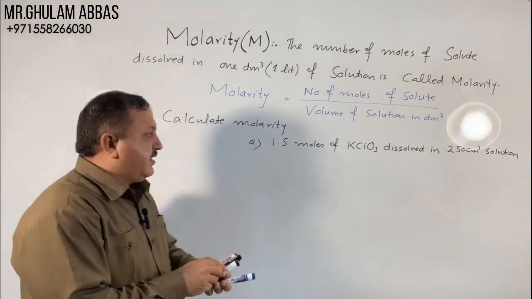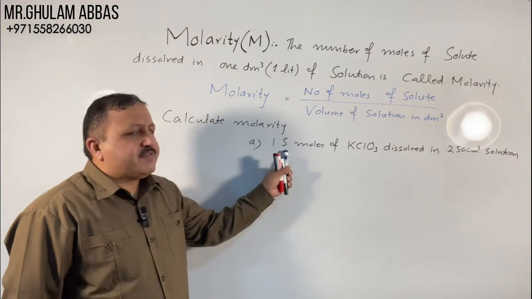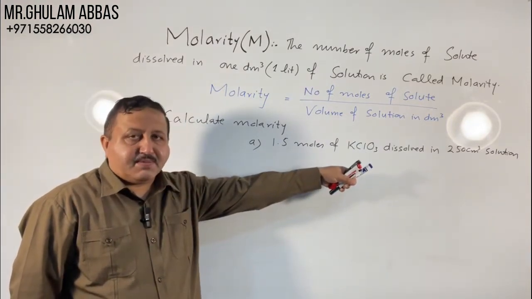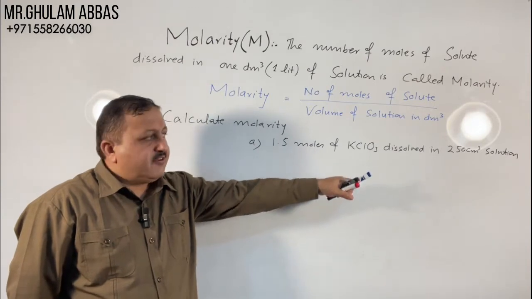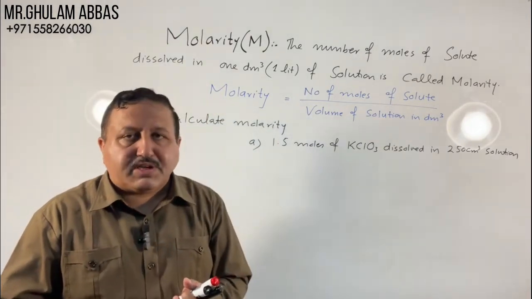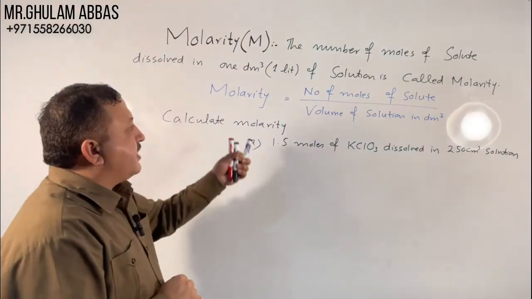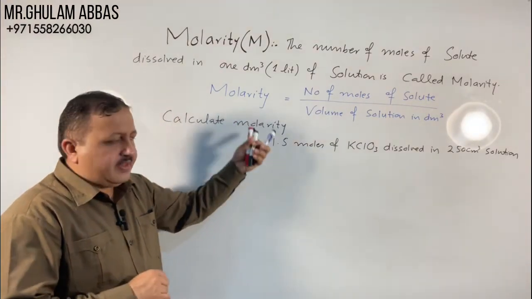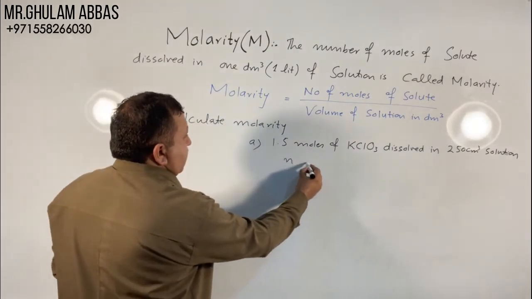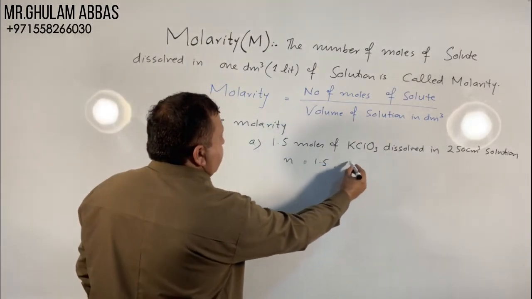In this question, moles of solute are given, but volume is given in cm cube. So first of all, we will convert the volume into dm cube, then we will put the values in this formula. So number of moles are 1.5.